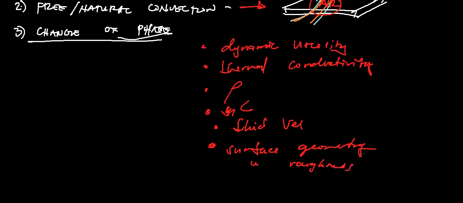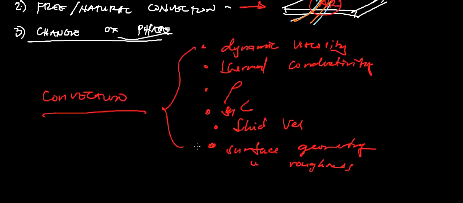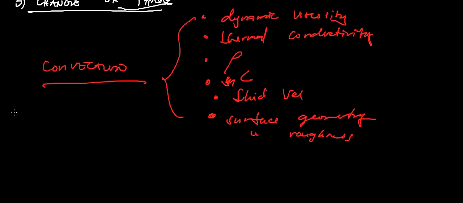Okay, that's why the convection heat transfer relations are complex: because of this dependence of convection on flow conditions and on fluid and thermal properties such as these.